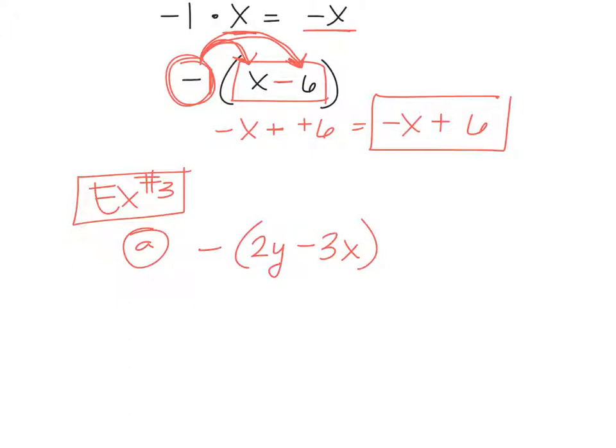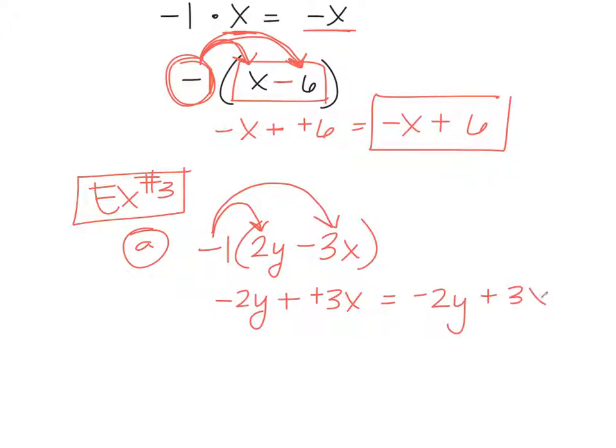Okay, so if we were to put a 1 in and distribute this, what does that 2y become? -2y. Okay, and then we're subtracting, and then it's -1 times 3x would be what? A -3x. So that would be plus a positive. So it's a -2y plus 3x.